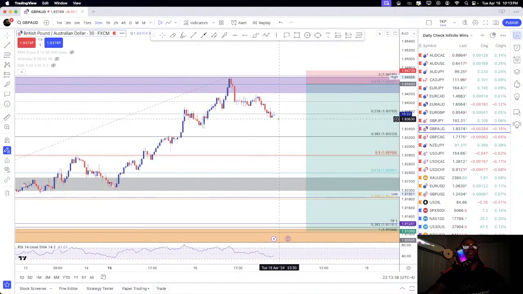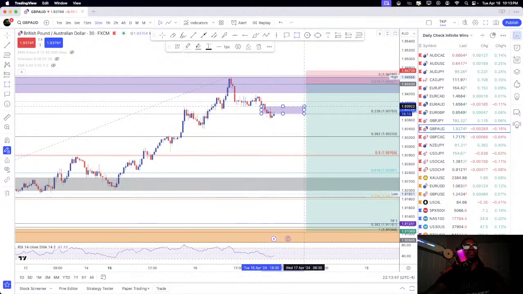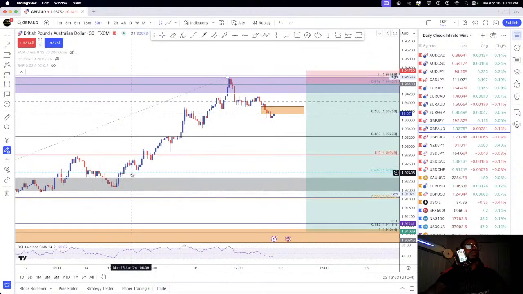Now look at that. Yeah, definitely. So if price does not break above this level to create a higher high, this move that we were looking for is going to happen.